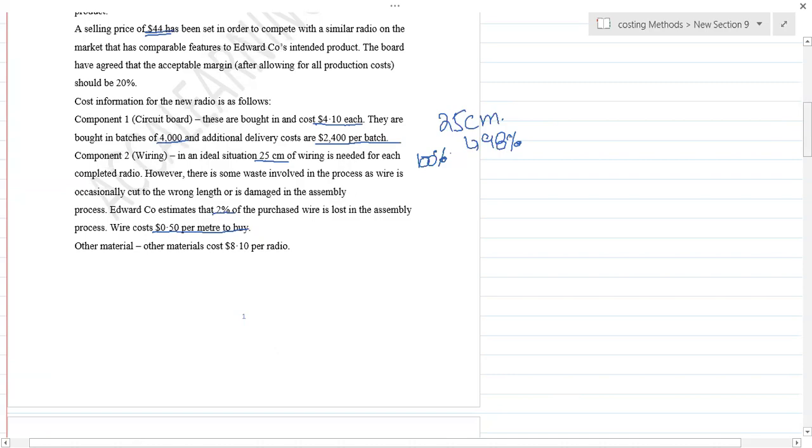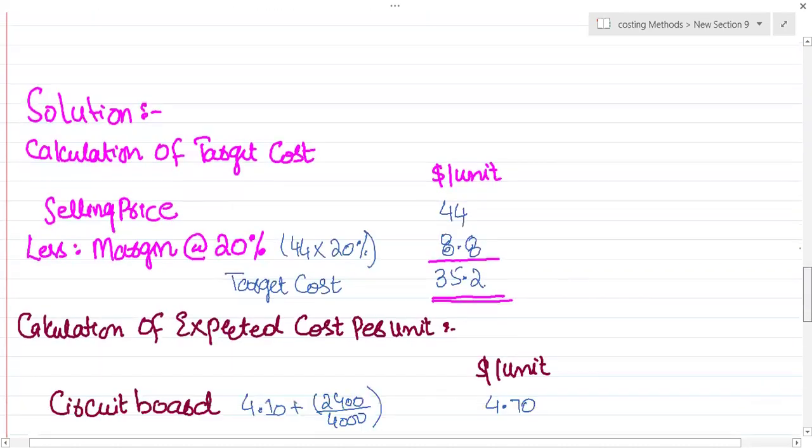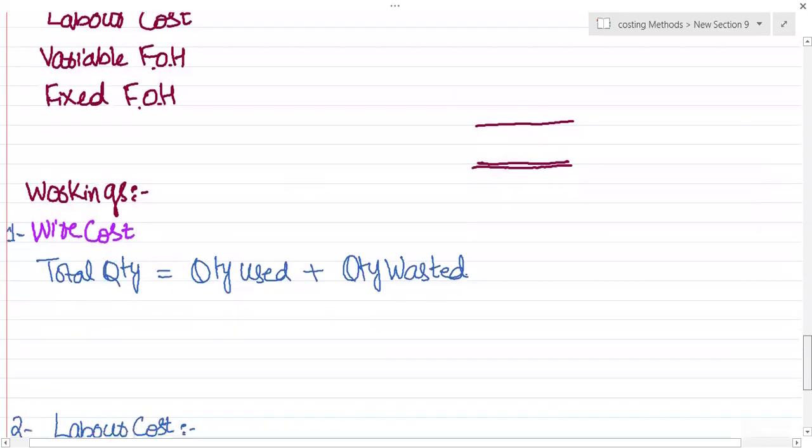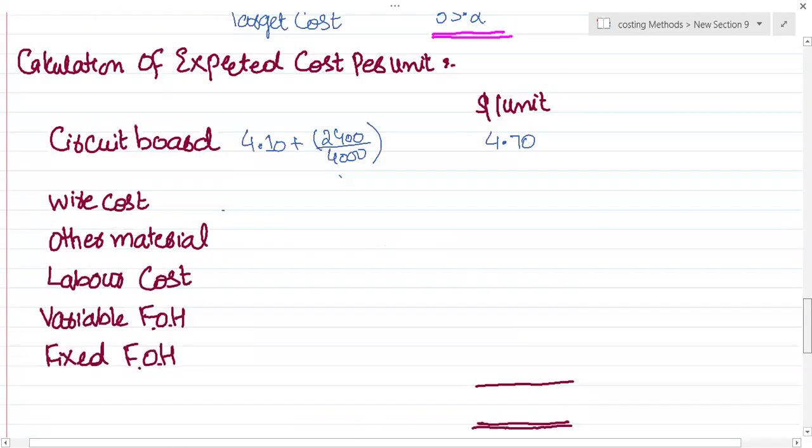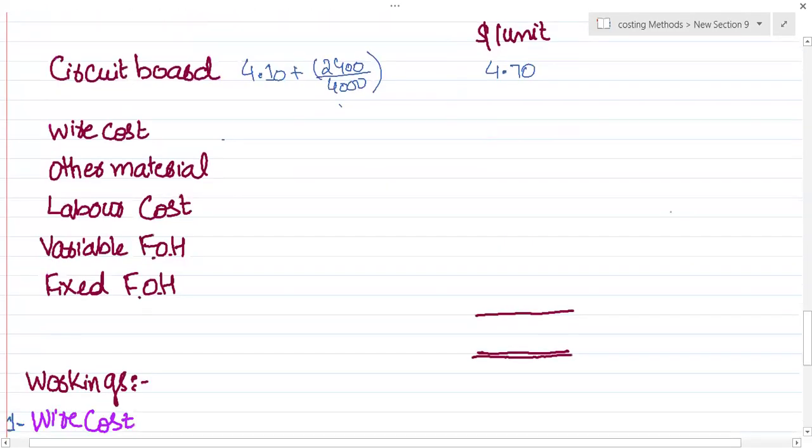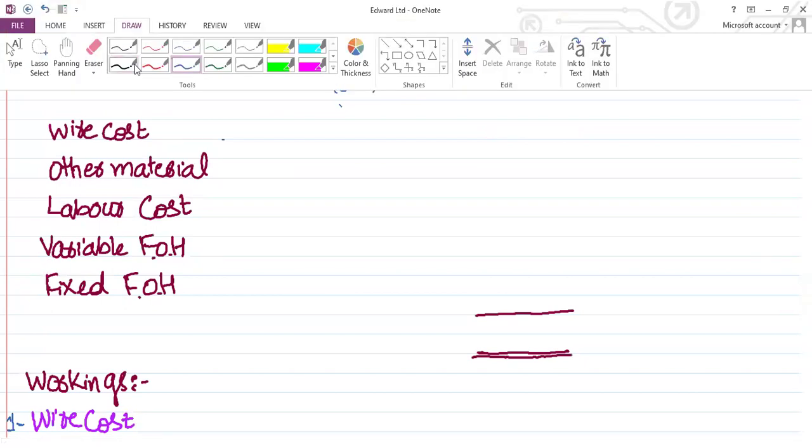But we always put 100% in the process. That's why we'll take the cost of 100%. Your total quantity is equal to quantity used plus quantity wasted. Your input is 100%, quantity used is 98% and quantity wasted is 2%. Now, I have to add the 100% cost.